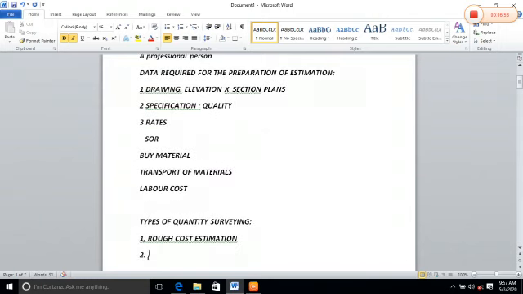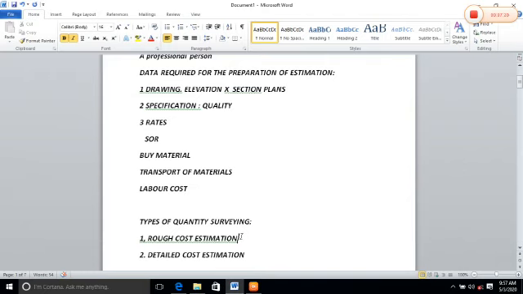Number second, detailed cost estimation. Rough cost estimation is generally used by contractors who take small contracts for buildings, etc.